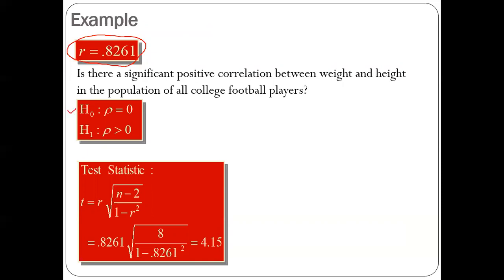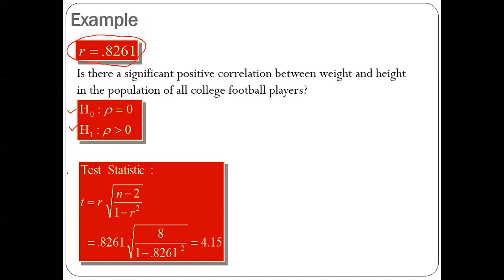The null hypothesis is rho equal to 0, and the alternative hypothesis is rho greater than 0. In questions, usually they will give a clue, either rho should be greater than 0 or less than 0. But in this question, it wants you to use the alternative hypothesis that rho is greater than 0.